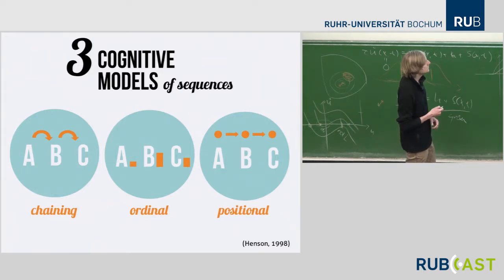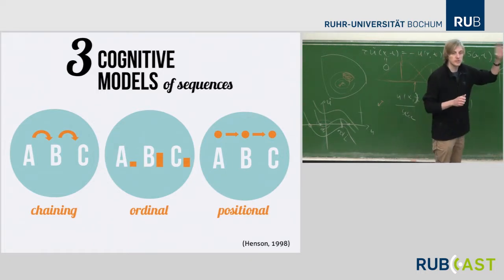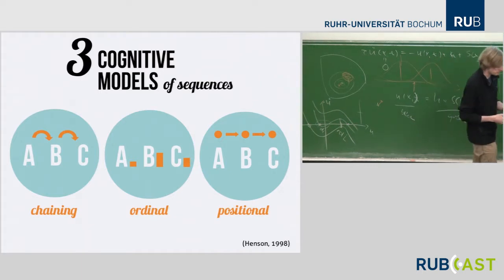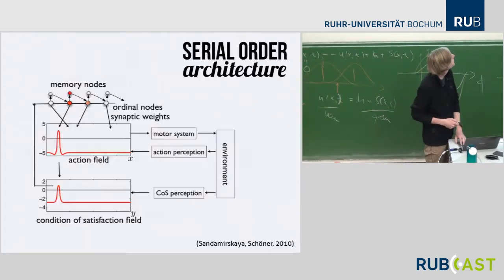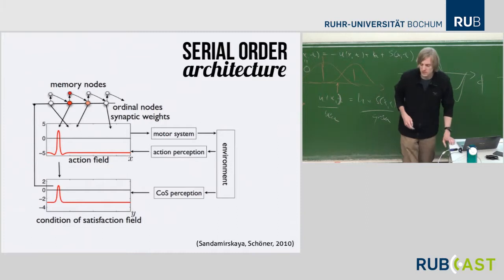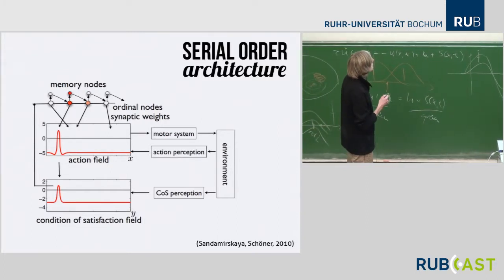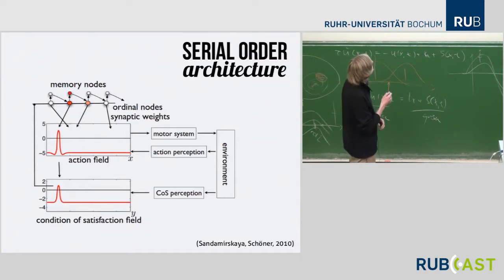This is a positional model, but it takes into account these two things: the stable representation of an action and this destabilization mechanism. It looks like this. It's actually not all that complicated. What you see here, these two fields, these are the things that I talked about before. She called it an action field.